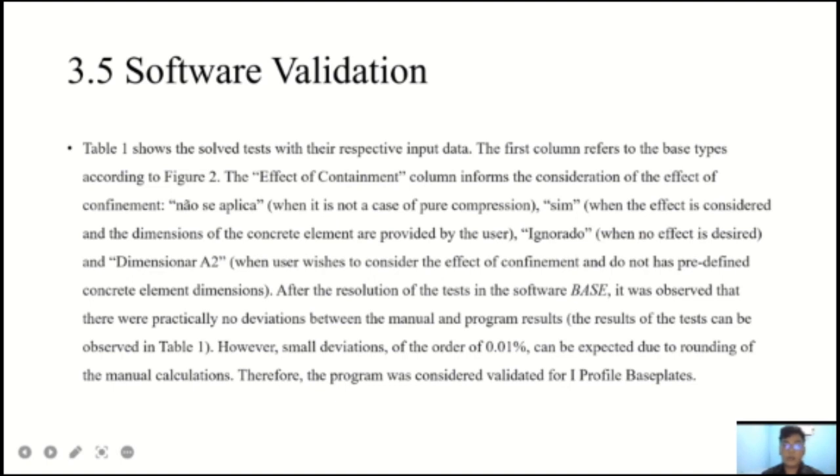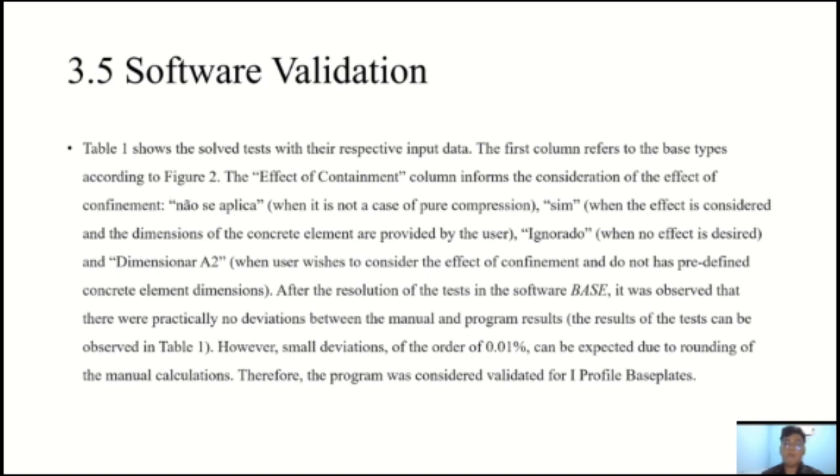After the resolution of the tests in the software, it was observed that there was practically no deviation between the manual and program results. The results of the tests can be observed in Table 1. However, a small deviation of the order of 0.01% can be expected due to rounding in the manual calculation.